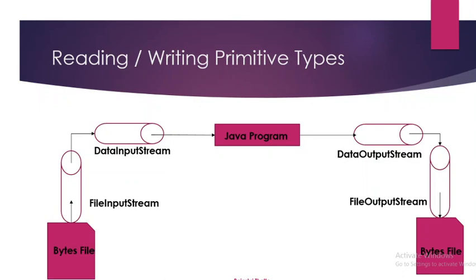So that means we are reading data from bytes, it will get converted into type specific data, we are performing operations by using the Java program, and whatever the result is, by using DataOutputStream and FileOutputStream it will again get stored to the actual file wherever we want to store. So this is the actual process of reading and writing primitive data types by using FileInputStream, DataInputStream, DataOutputStream, and FileOutputStream class objects.